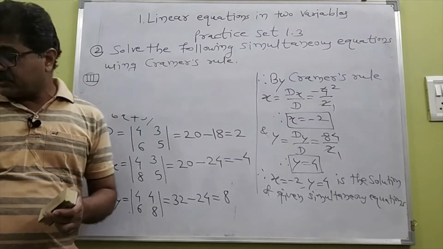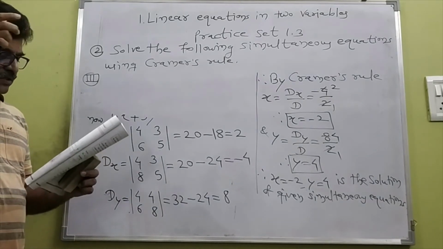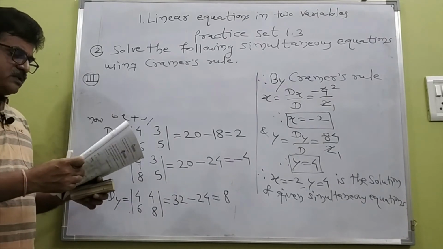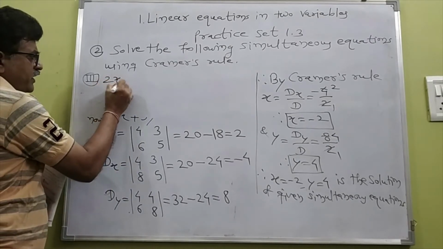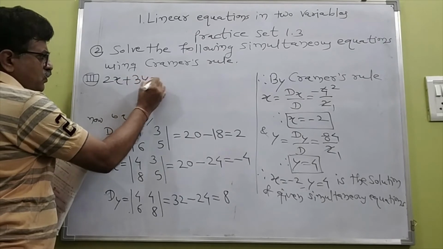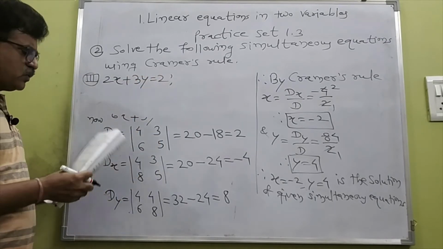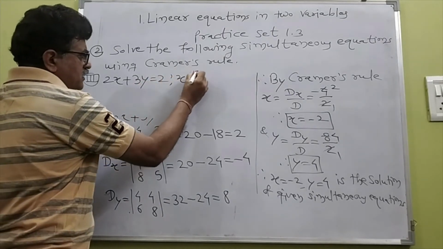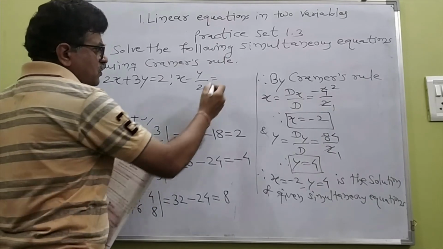Write down question number 3. Question number 3. 2x plus 3y is equal to 2. X minus y upon 2 is equal to 1 upon 2.